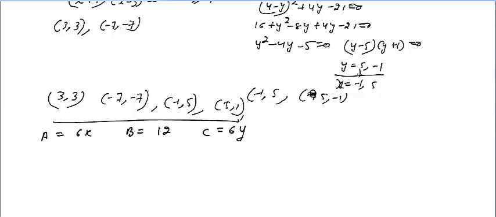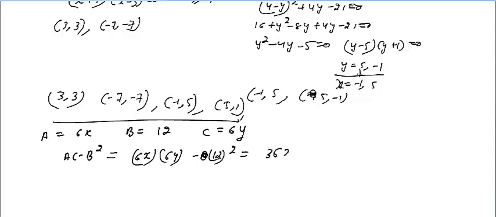Now I will find the value of AC minus b square. So AC is equal to a is 6x, c is 6y and b square is 12 square. So 6 into 6 is 36, x into y, minus 144. So you can find this value.